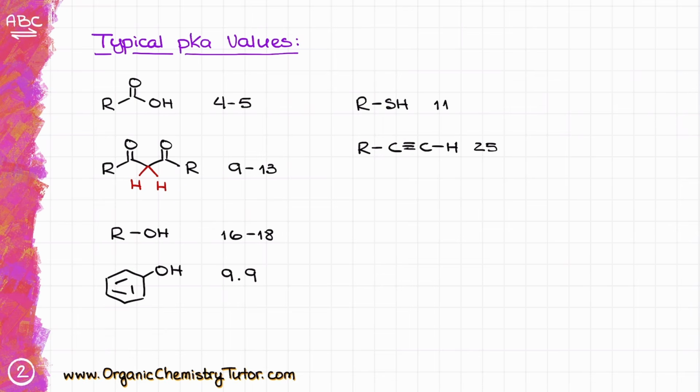We also have alkenes, so if I have a hydrogen on an sp2 hybridized atom like that, those guys are somewhere around 45. And of course we have just regular alkanes, which don't have any other functional groups. Those are estimated to be somewhere around 55 to 65, depending on the exact structure of the molecule.